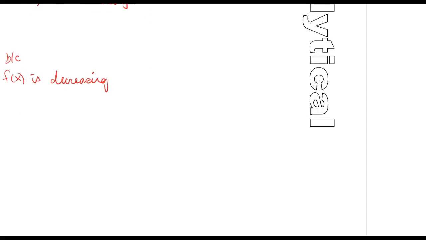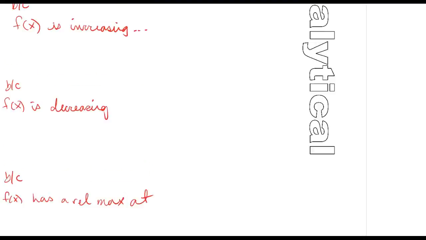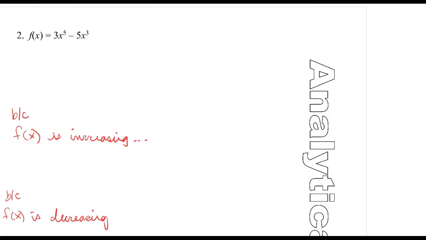And we want to find where my function has a relative maximum, and where my function has a relative minimum. And of course, all of these justifications are based on the derivative.